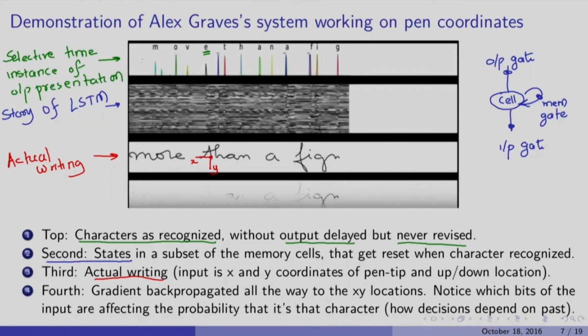What you can see here is at some time instances when output is actually presented, there is a sudden change of state, and the change of state is primarily marked by the fact that an output got finally or confidently predicted. The cell state changes based on what should be forgotten, what should not be forgotten.